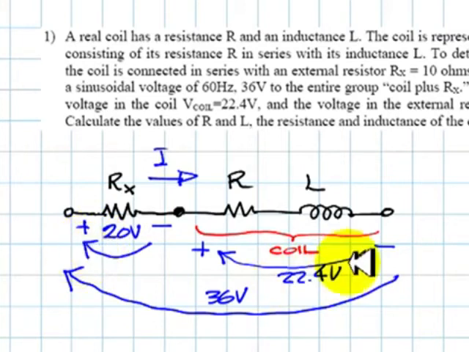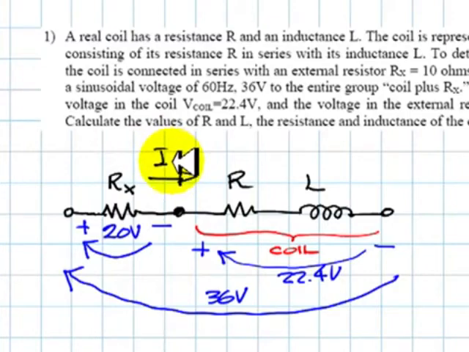So we have 3 voltages, and according to KVL, Kirchhoff's voltage law, the sum of these 2 voltages, the voltage in the coil and the voltage in Rx, has to be 36 volts. In the phasor problem, we're going to choose a phase reference. In this case, I will say the reference for phases is the phase of the common current I.